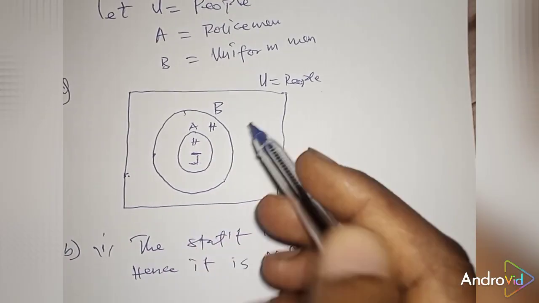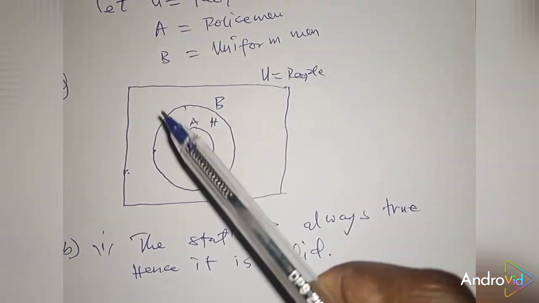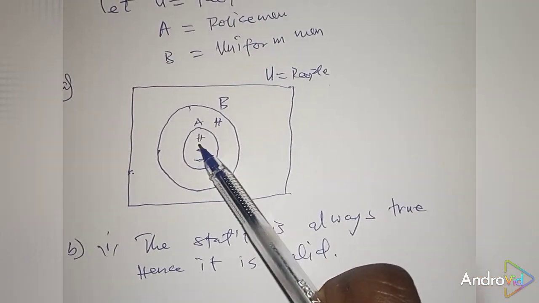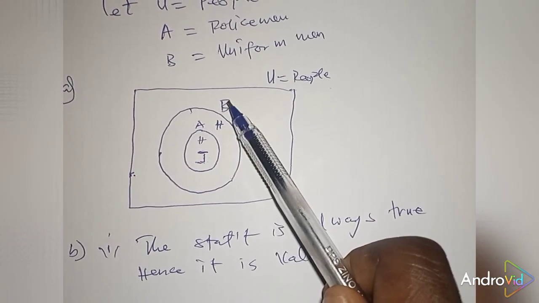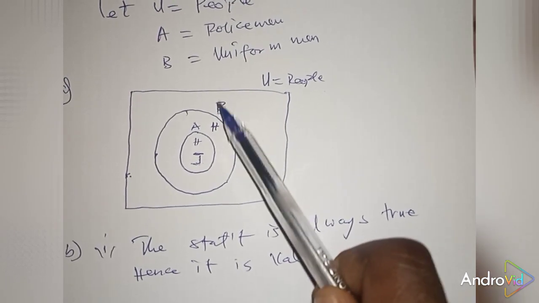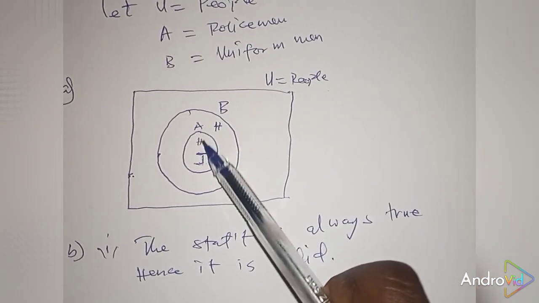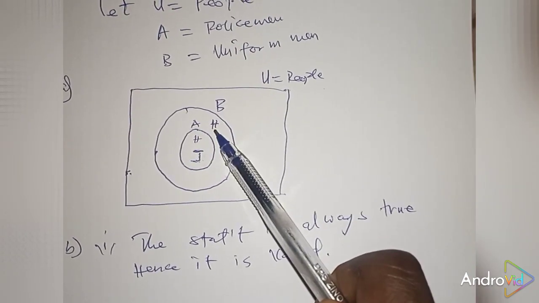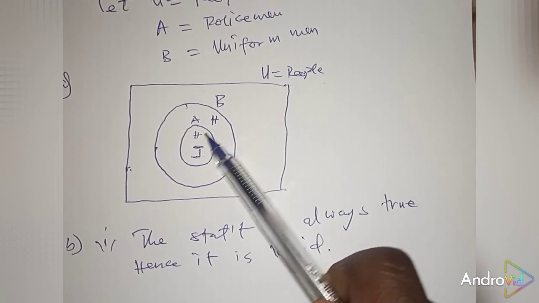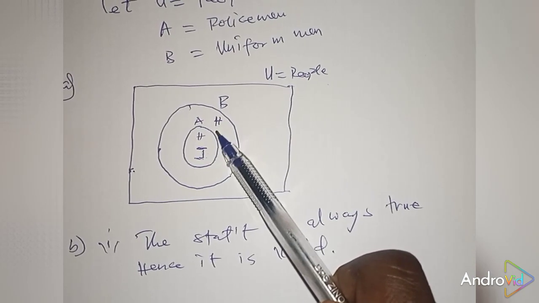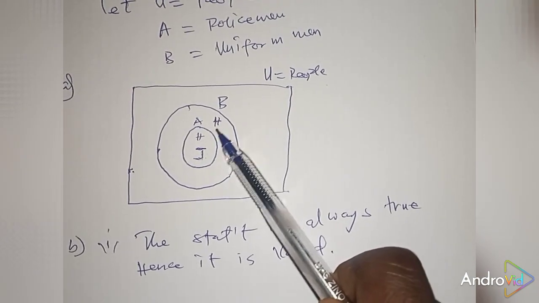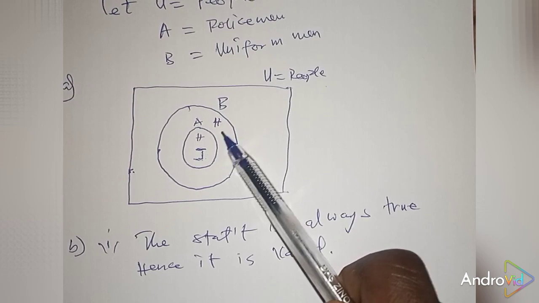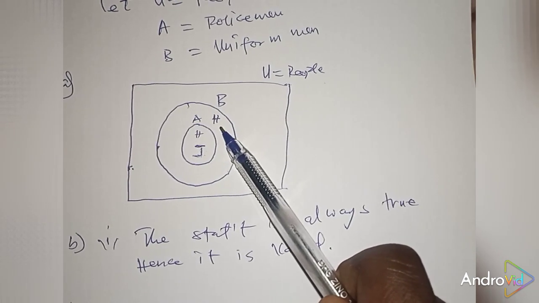Okay, so here it could happen that once Hamza is wearing uniform, he can be a policeman, which is that he can be found in set A, or he can also be found in this region, which is outside set A, but it is inside set B. So this region represents those who wear uniform but are not policemen.